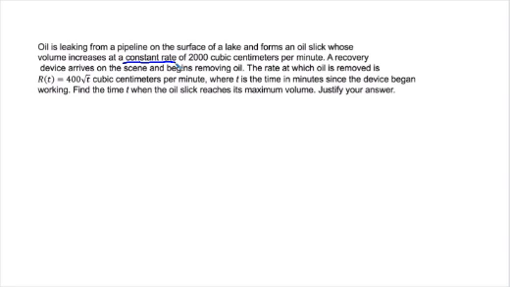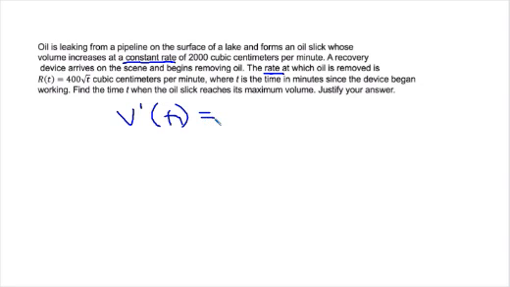A recovery device arrives on the scene and begins removing oil. The rate at which oil is removed. Rate points to a derivative. We are thinking a derivative here. So if we call V our volume, we're thinking V prime of t.